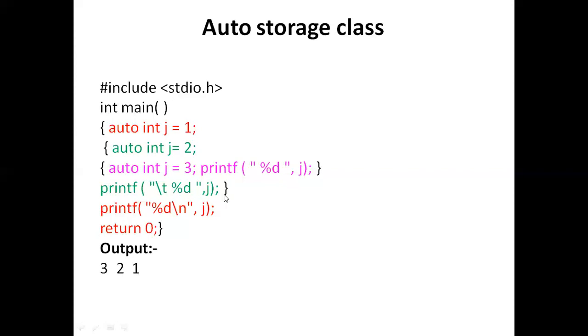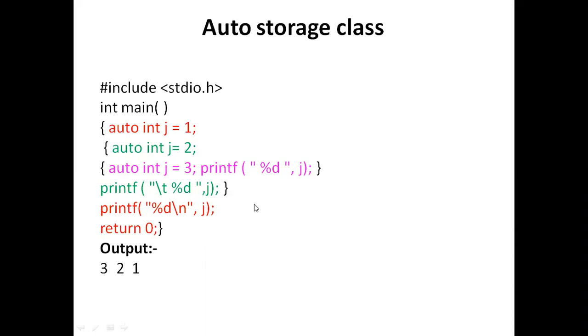Once again printf percentage d j, and the value displayed is j is equal to 1. The scope has not ended here, so it still displays 1.